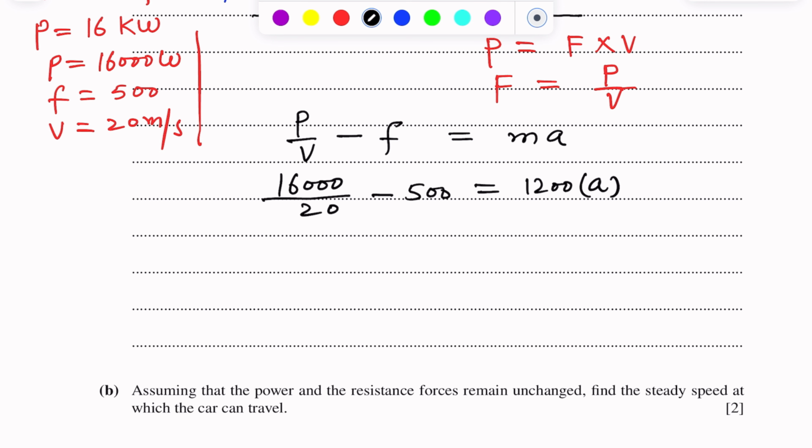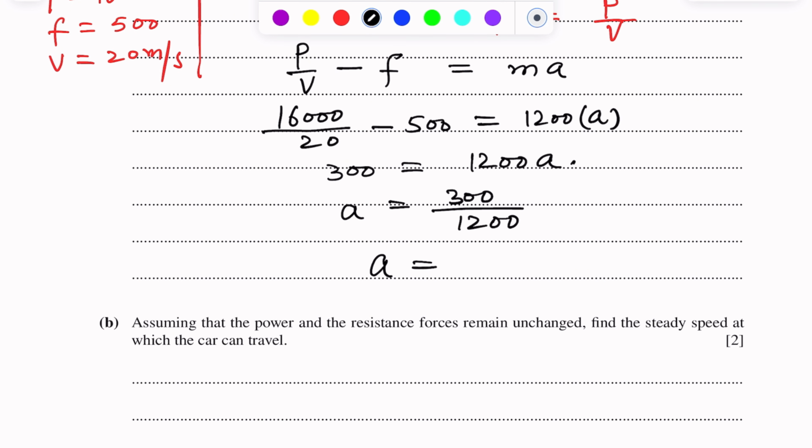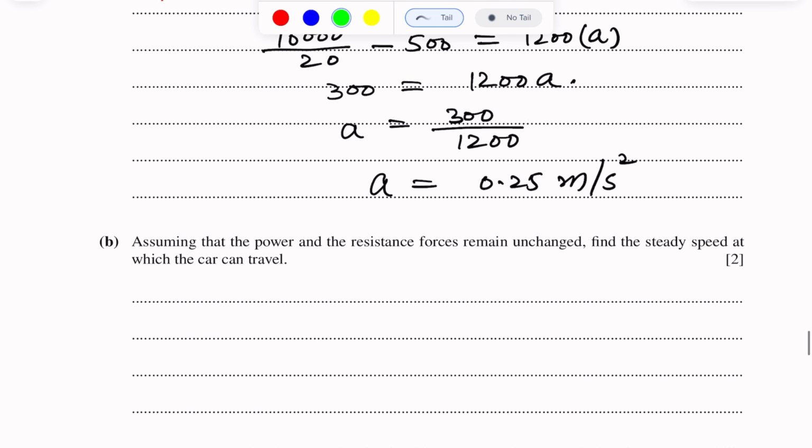Simplifying the left hand side, we get 300, right side 1200 a. From here, a will be equal to 300 over 1200. We get a is equal to 0.25 meter per second square. This is the answer, the acceleration of the car.